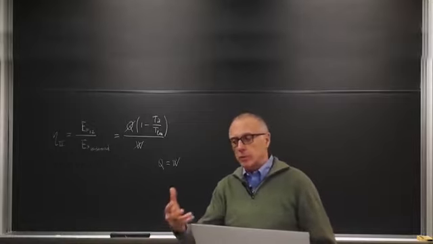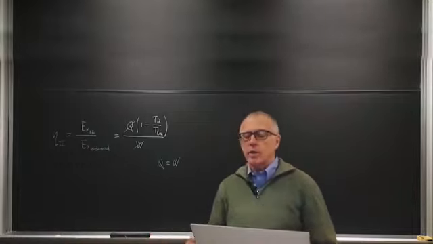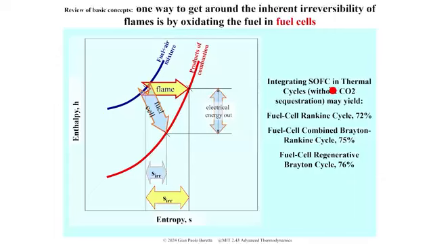So the entropy that needs to be taken away from the fuel cell is going to be used by a bottoming thermal cycle. And just doing that, on paper, I list here some efficiencies that can already be reached, which go beyond the limit of flames.